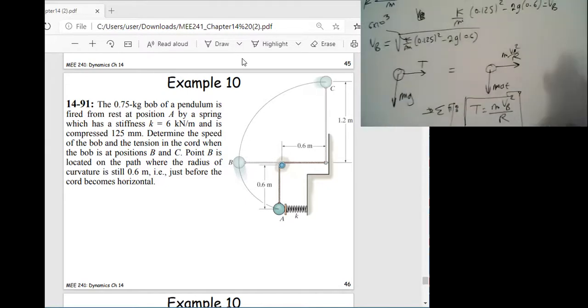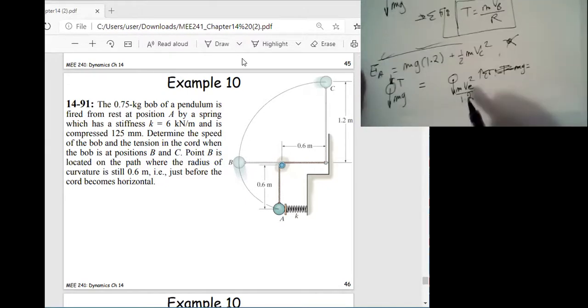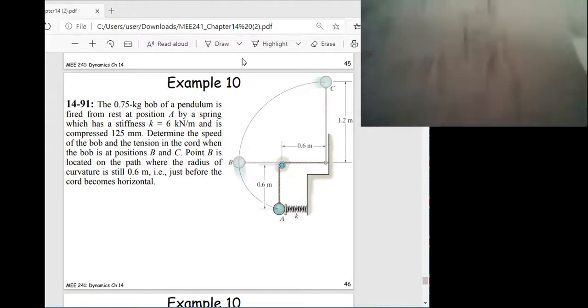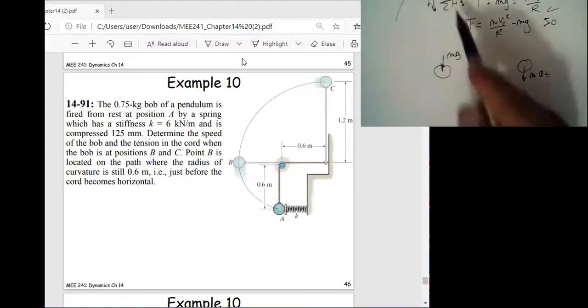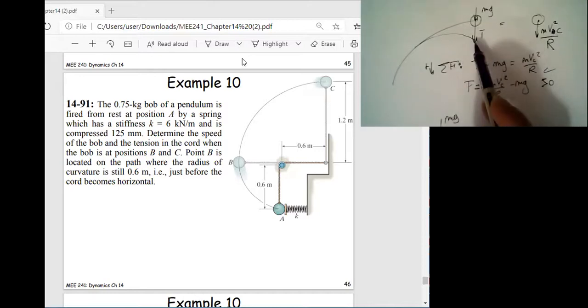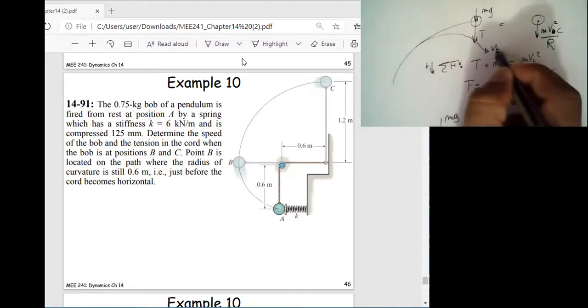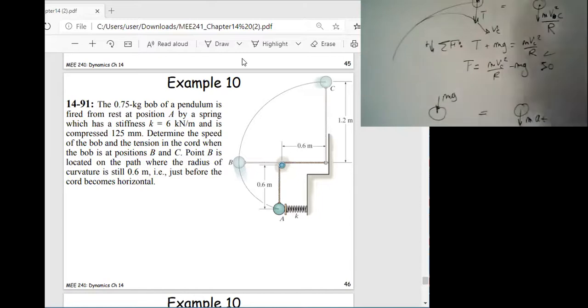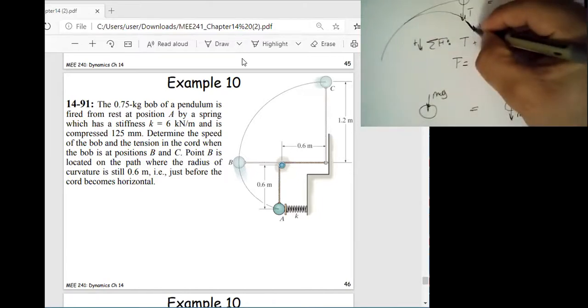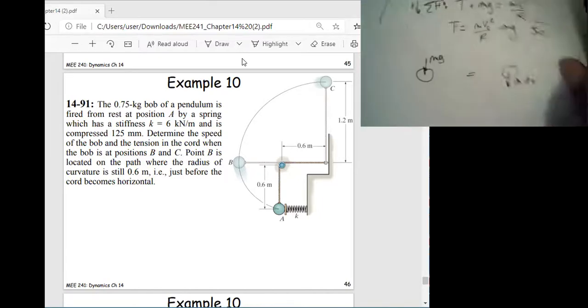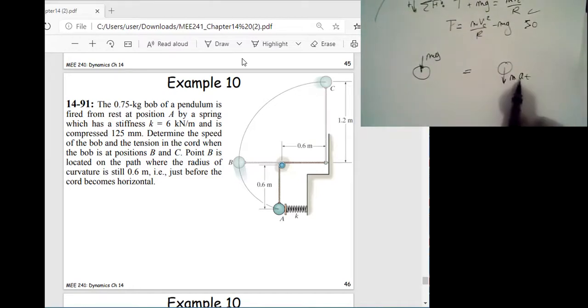From here, we calculated the velocity at C based on the kinetic energy, but this velocity is not along a pure circle. It's somewhere here. It basically has some velocity like that, right? But it's a straight line, obviously. It's not curving. So mg is equal to aT, and then we can solve for aT like that.